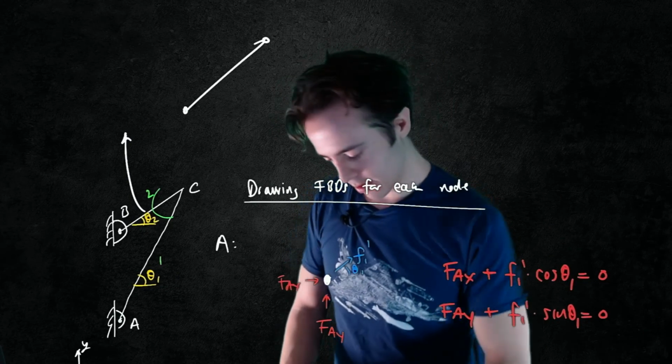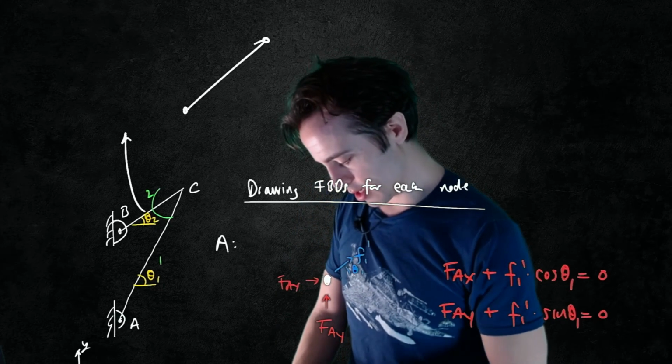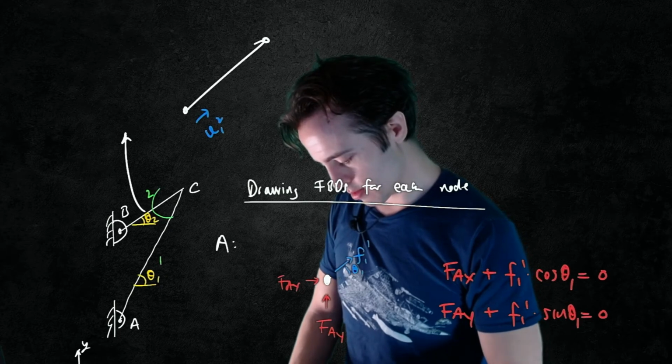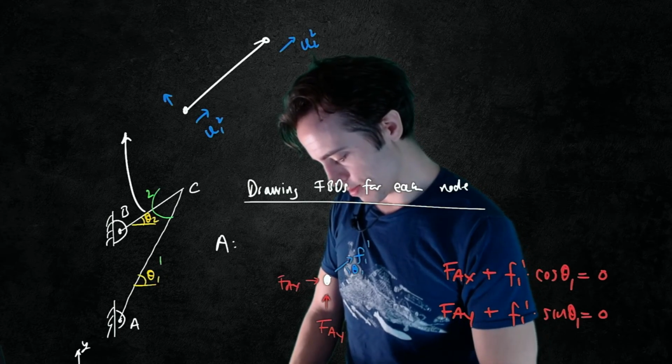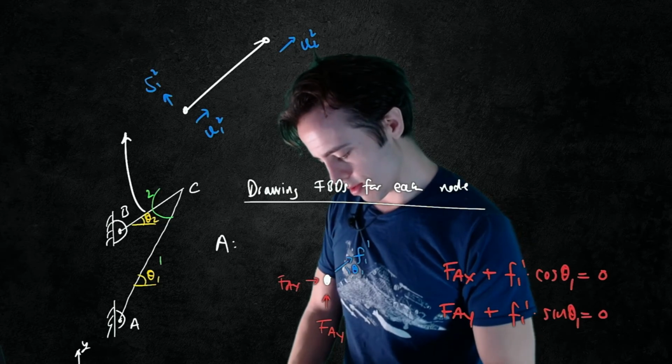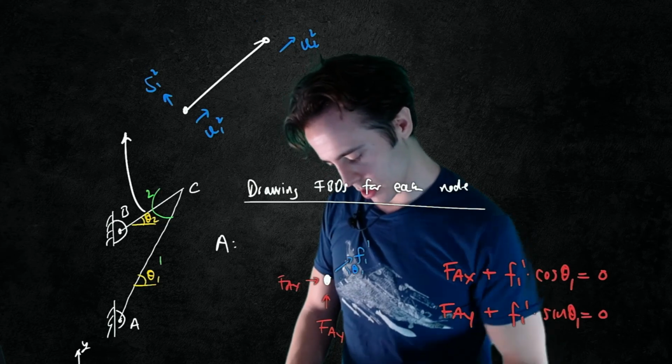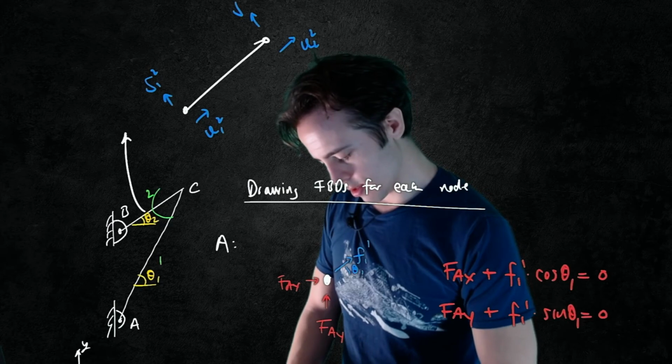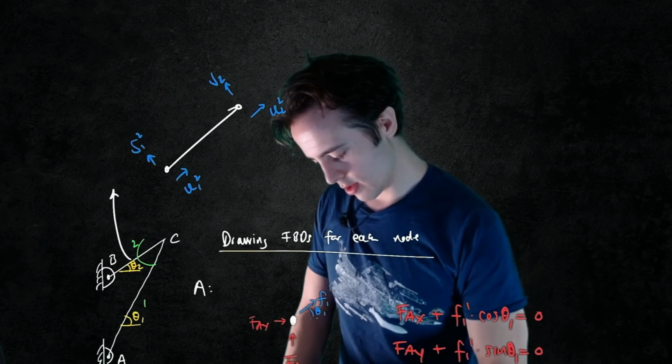If I was to draw those local displacements, I would have u12, u22, v12, and v22.